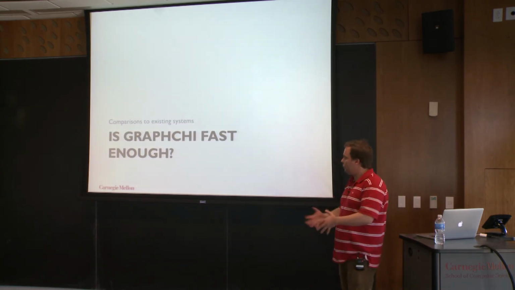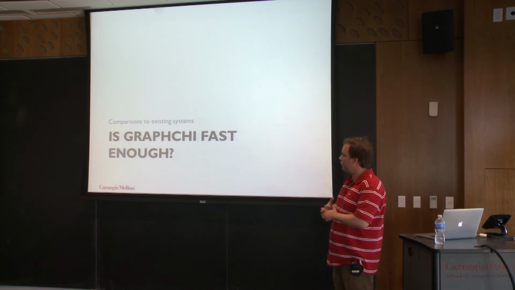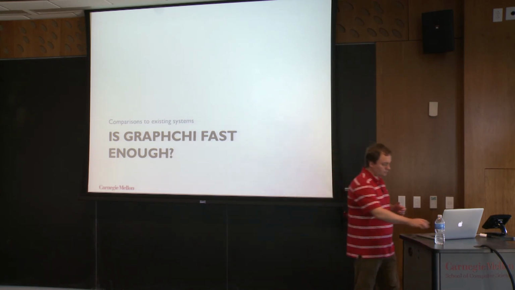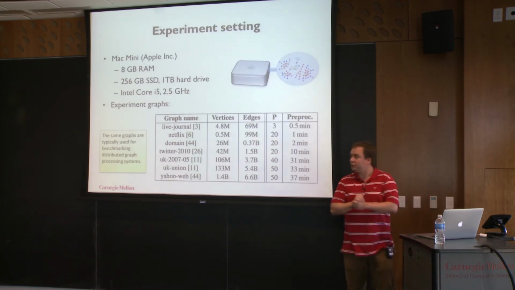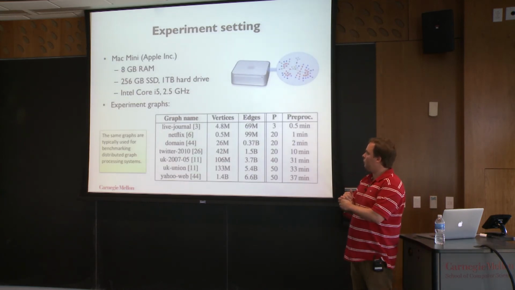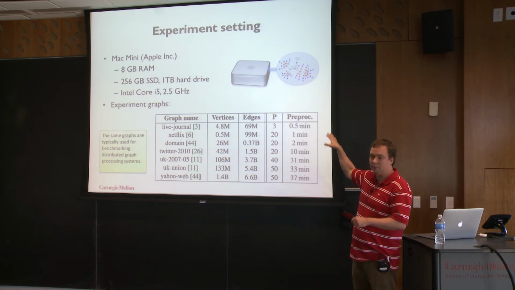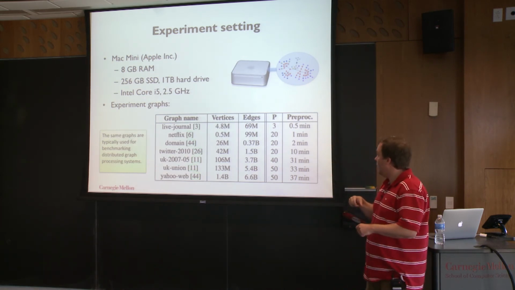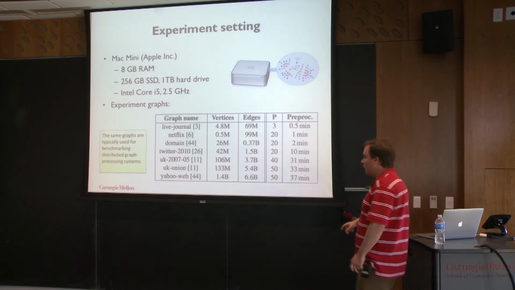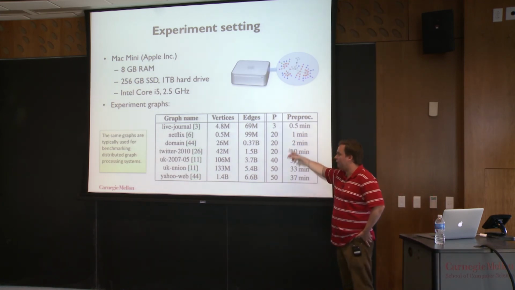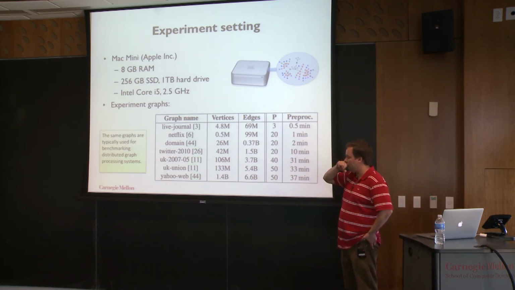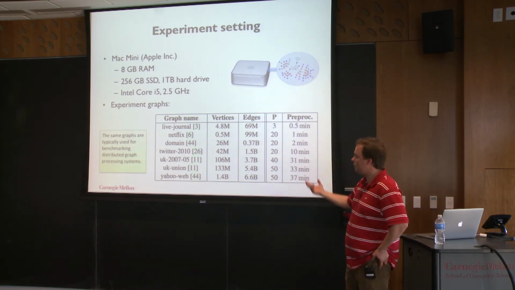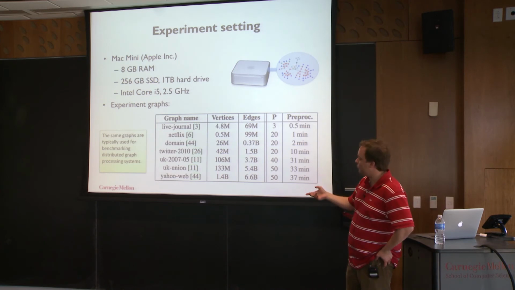Then if we agree that you can use it for something, the next question is: is it actually fast enough? Our setting for the experiments was, most of the experiments were done with this Mac Mini, with 8 gigabytes of RAM, an SSD, and a dual-core processor. And here is the list of the graphs we used for the experiments. These are the same graphs that are used by most graph framework papers.